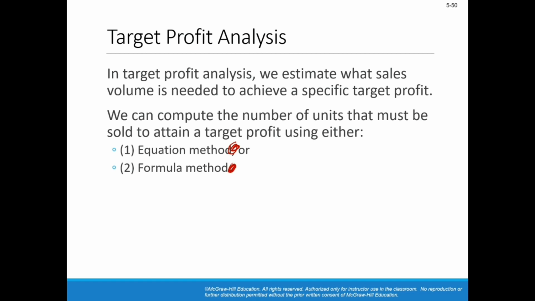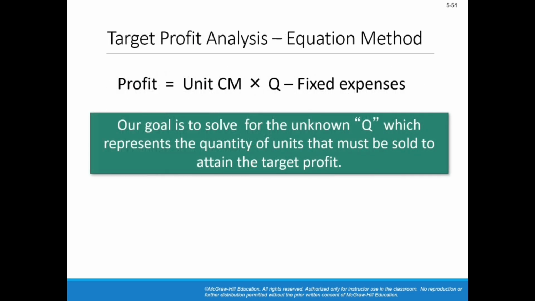They are exactly the same, they lead to the same answer, and I wouldn't even distinguish between them. Now, our goal is to solve for Q, and we know that when you have a break even, you place profit as a zero. Now you have a target profit, so instead of a zero, you will have a number. It's still an equation with one unknown, and it's very simple.